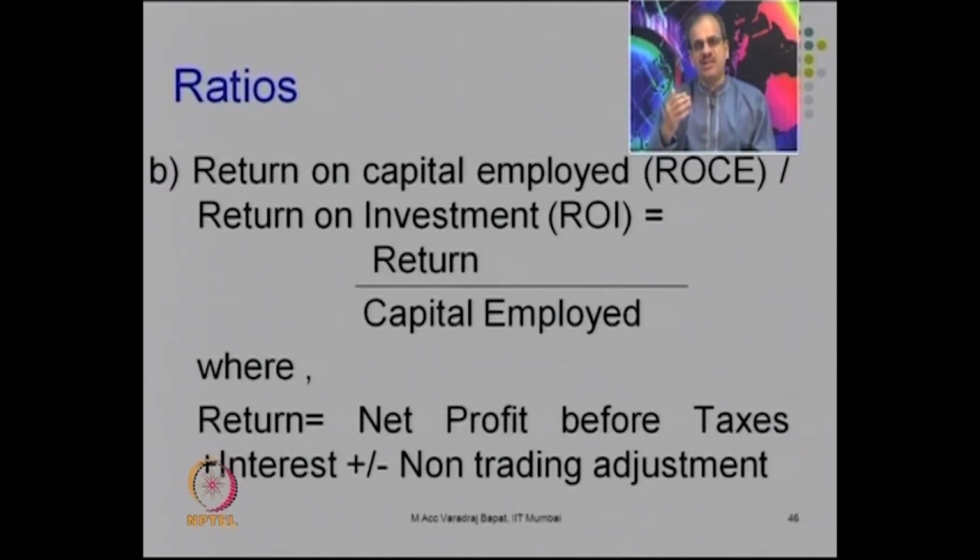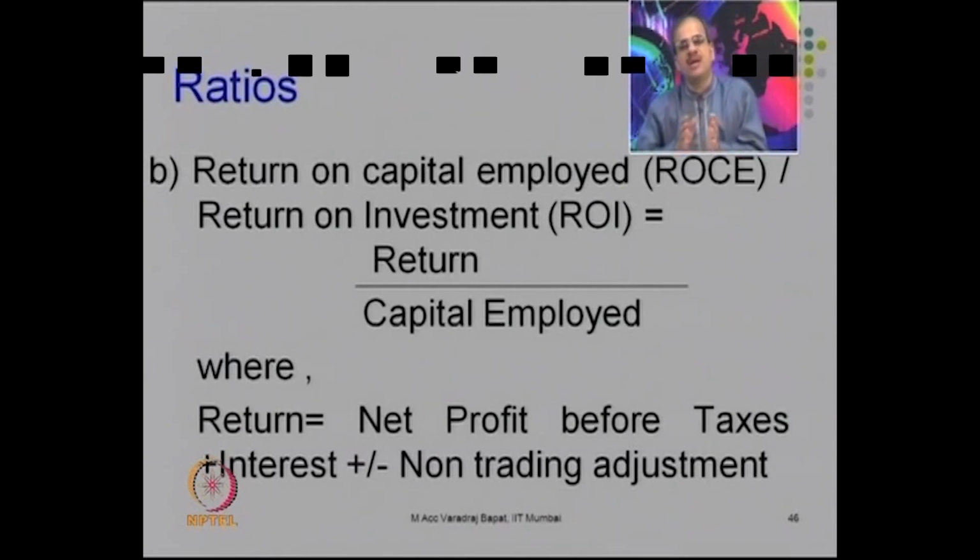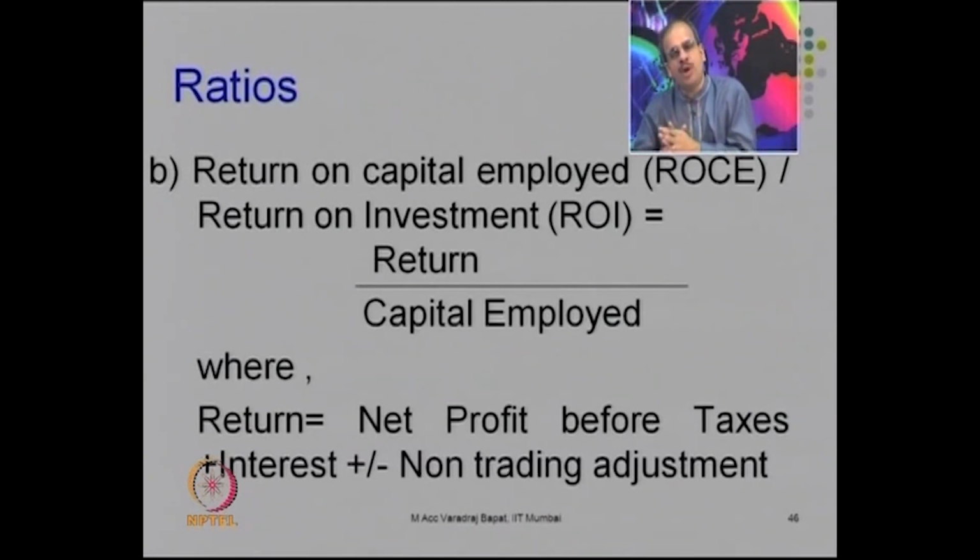The second ratio in this category, which is a little more broad based, is return on capital employed. It is also popularly known as ROI or return on investment. It tries to measure return as a percentage of capital employed. Here the return relates not to profit after tax, but to profit before tax. We also add back interest and we make an adjustment for non-trading incomes.